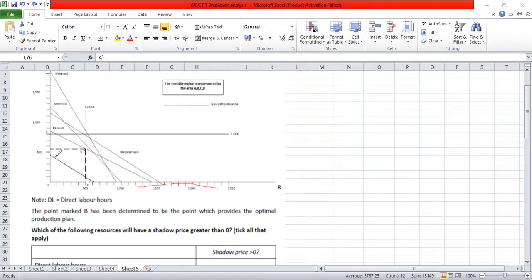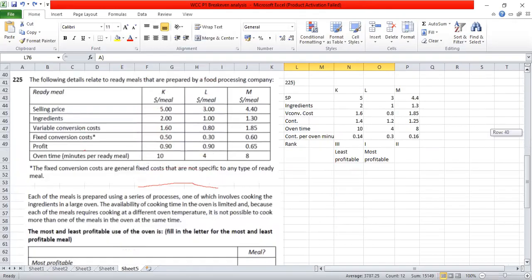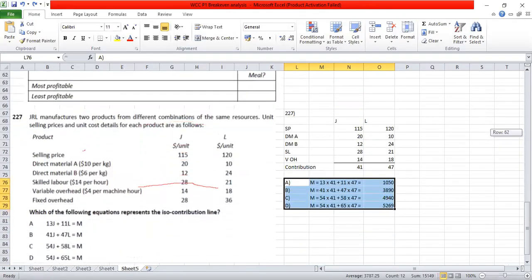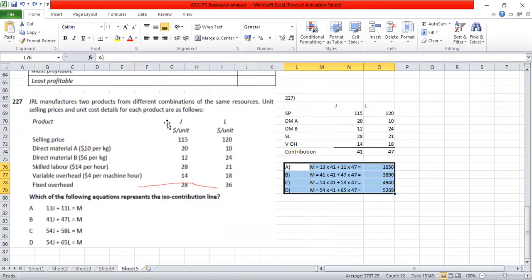So the values of x and y will be the same because it is parallel. So the value of J and L, if they are 41 and 47, that is the ISO contribution line. Various numbers of units of X and Y, J and L substituted is tested, but it is only about the ISO contribution line.